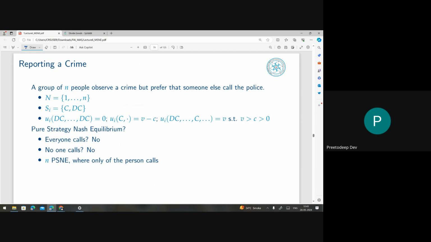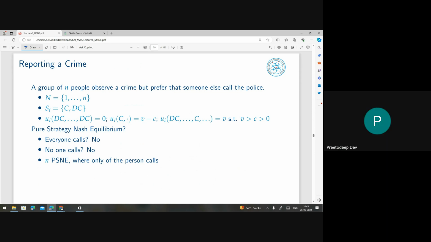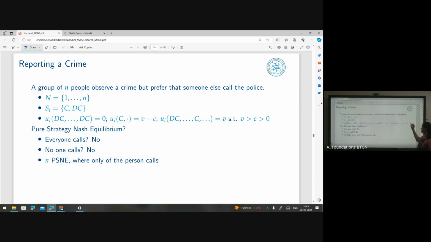Can you please explain the everyone-calls part once again? If everyone calls, everybody is getting a utility of B minus C, right? Now, if one of them decides not to call, let's say agent i decides not to call, what would be the utility of agent i?